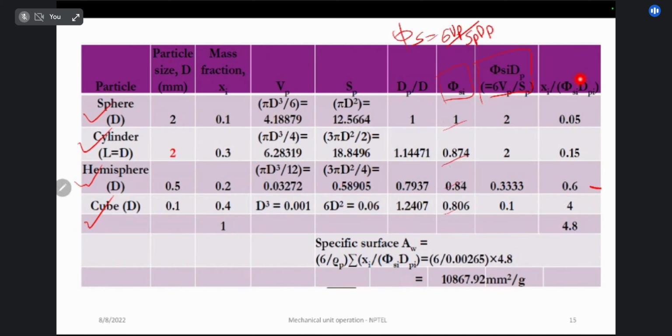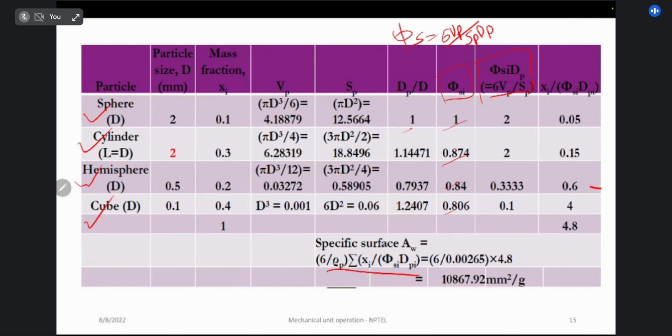All other details are given. You can find the nominal diameters, and then you need to find the specific surface area for this problem. In order to find the specific surface area, we saw the equation.